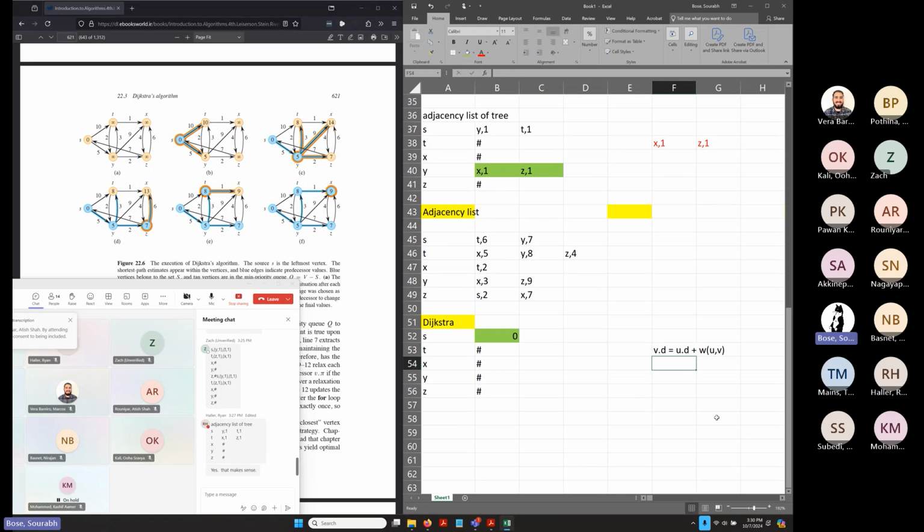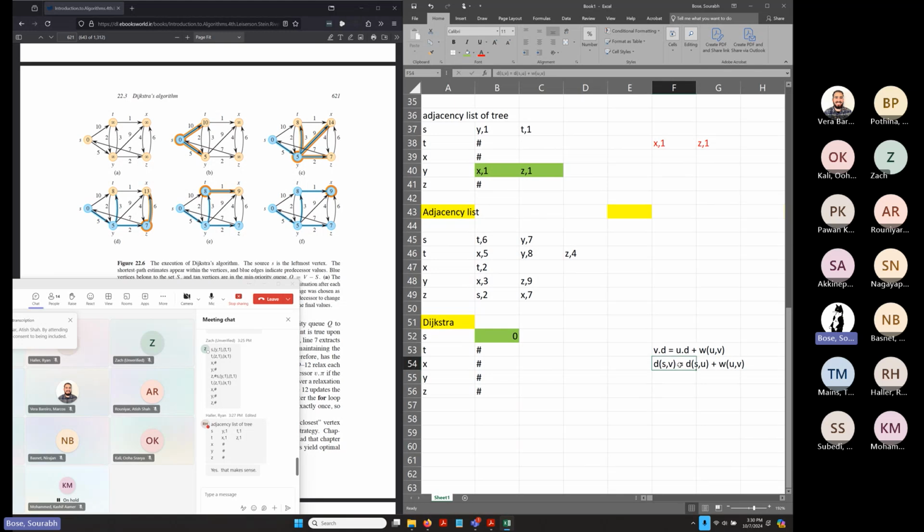We said that another way to write this was distance of s comma v, s being the source node, equals distance of s comma u plus edge weight of u comma v. That was our Dijkstra's relaxation if we were to find the minimum of the two.